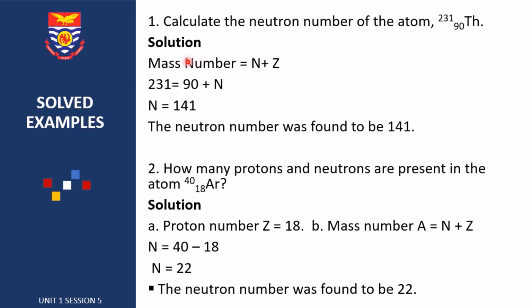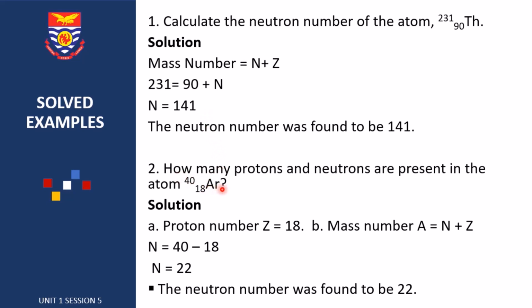Now we are to calculate the number of neutrons, but we know that the mass number is given by neutron number plus atomic number, which means that if we can solve for neutron number from this equation, we have answered the question. So you substitute the values for mass number and atomic number into the equation and solve for N to give a neutron number of 141, which means that thorium has a neutron number of 141.